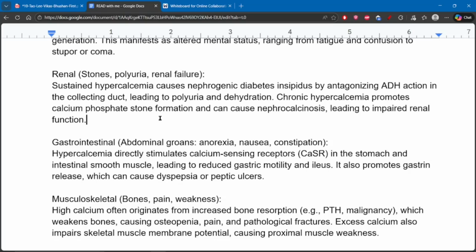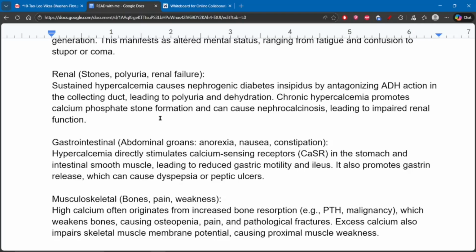Nephrocalcinosis is just increased presence of calcium in the nephron, which is also used interchangeably for increased stone formation. So again, hypercalcemia can cause two things.